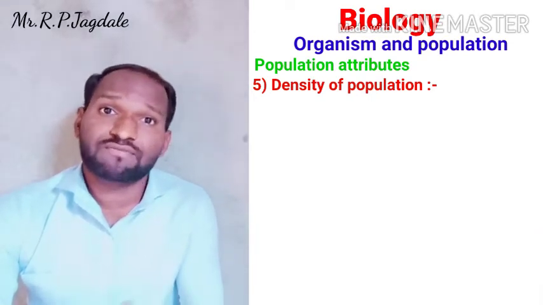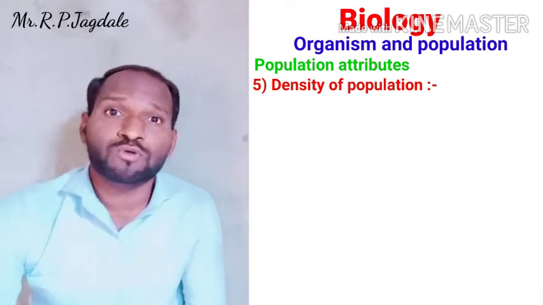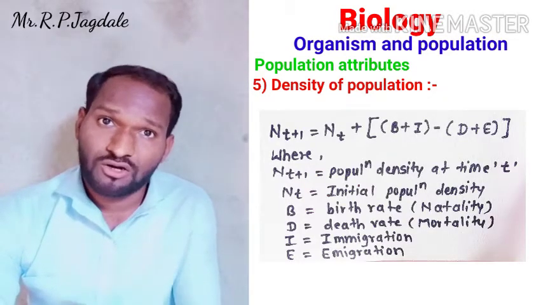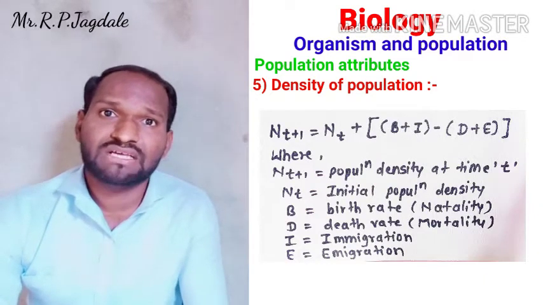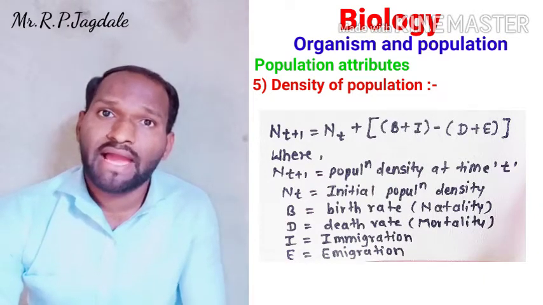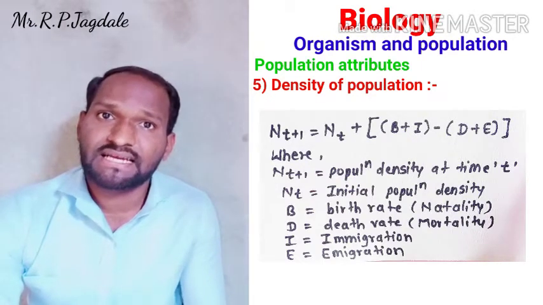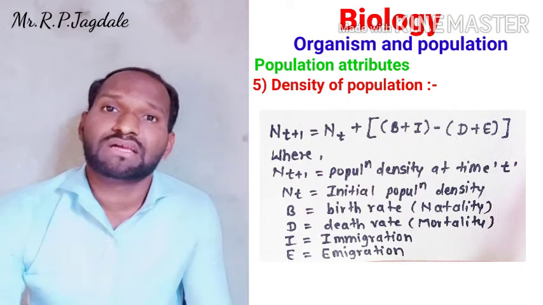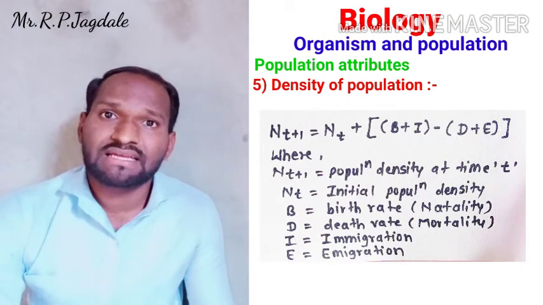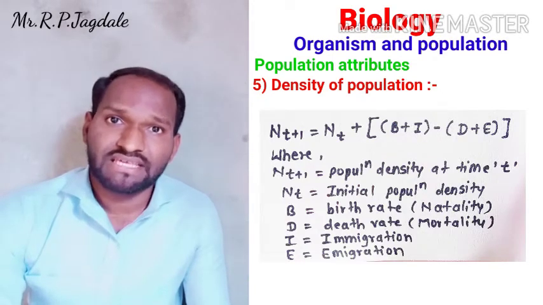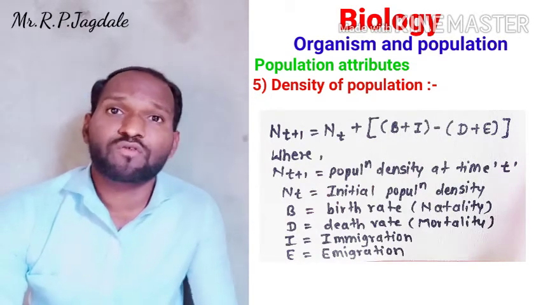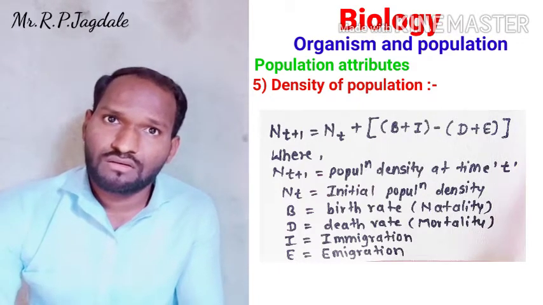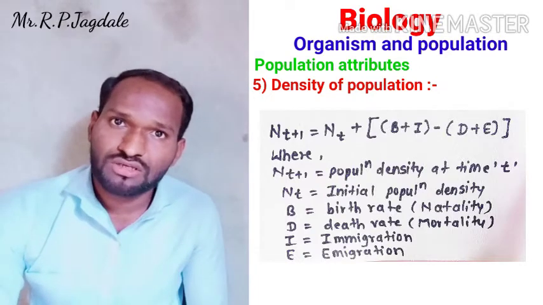Okay, so there is a formula to calculate the density of population, which is on the screen. N t plus 1 is equal to N t plus, in the bracket, capital B plus I minus capital D plus E. This is the formula to calculate the density of population. Now, what these terms denote, we will see.